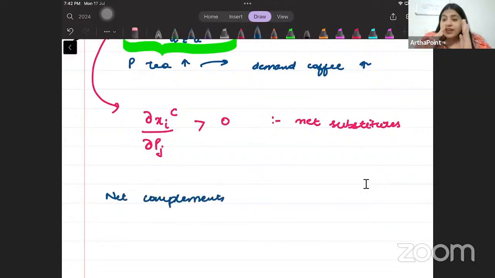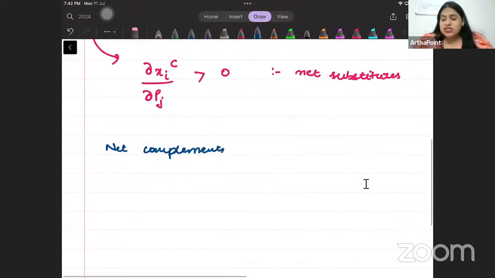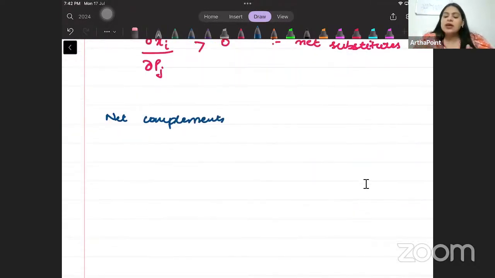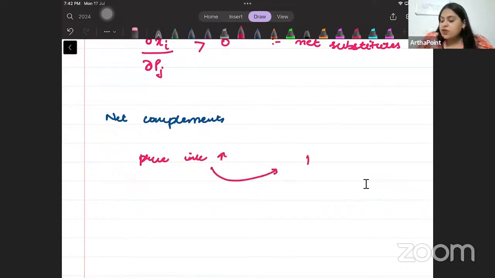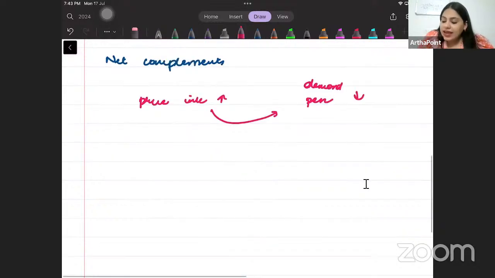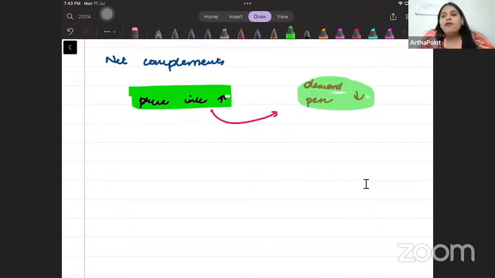Again, definition same है. जैसे हमने आज तक gross की है वही है. क्या है complements? When price of ink increases, ink is becoming expensive, but then pen also becomes expensive, so the demand of pen decreases. यही तो definition थी. So complements tell me कि एक के price बढ़ने पे दूसरे की demand कम होगी. Demand will fall. So this tells me how demand of one good changes as price of the other good changes.